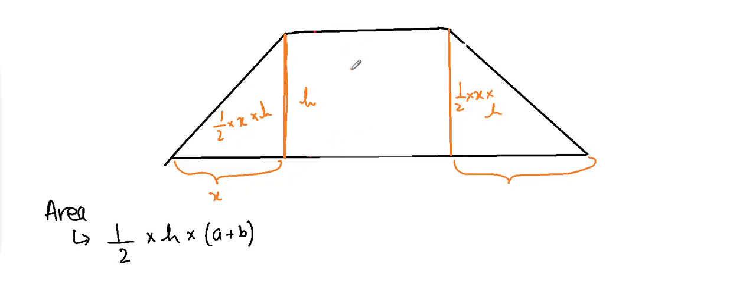And the area of the rectangle can be given as height times x, or length times width, right? These are two ways. This is going to help you out in physics.